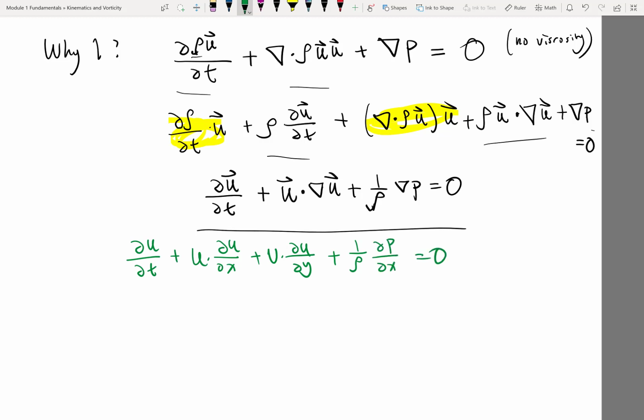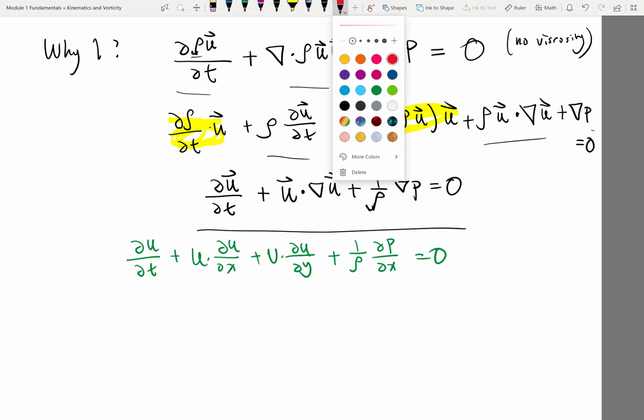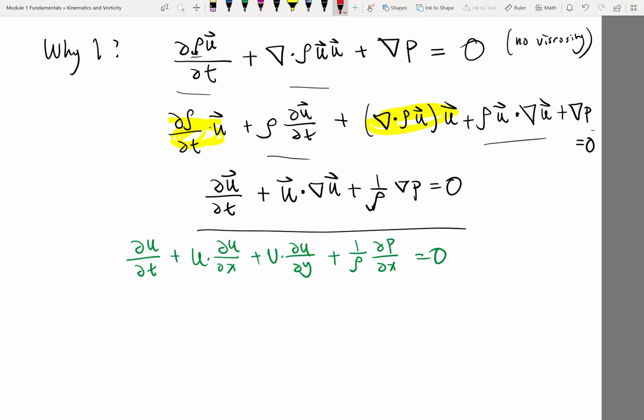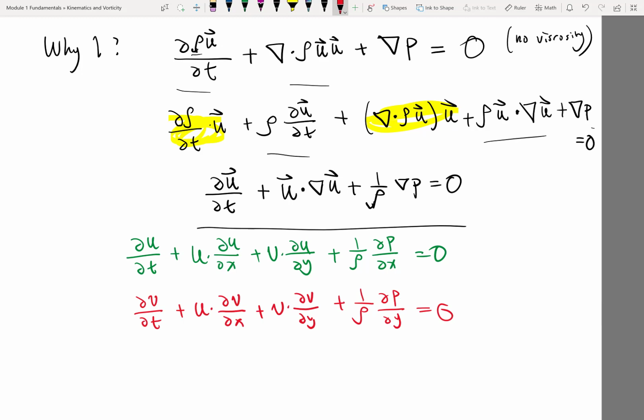That's the x direction momentum equation. The y directional momentum equation is very similar: dv dt plus u times dv dx plus v times dv dy plus 1 over rho dp dy is equal to 0. So these are what the vector equation actually means if you write it component by component.